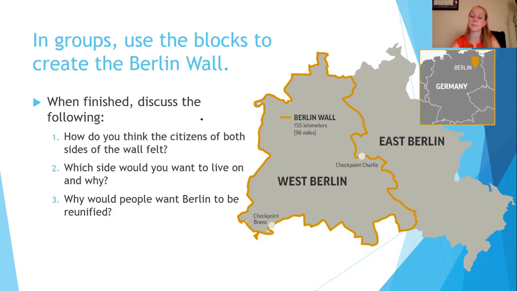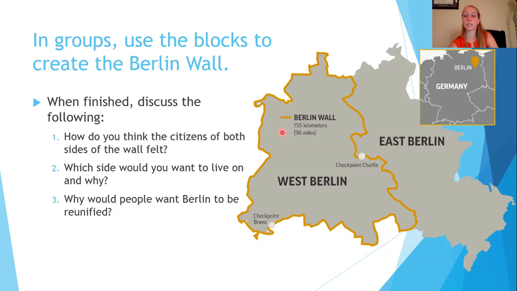They also have this map of Berlin as another document that's on their desk for each group. So in your group, students, I would like for you to create the Berlin Wall. Notice that this gold line, if you see the key right here on our map, you can see that the gold line all around Western Berlin was made up of the wall.